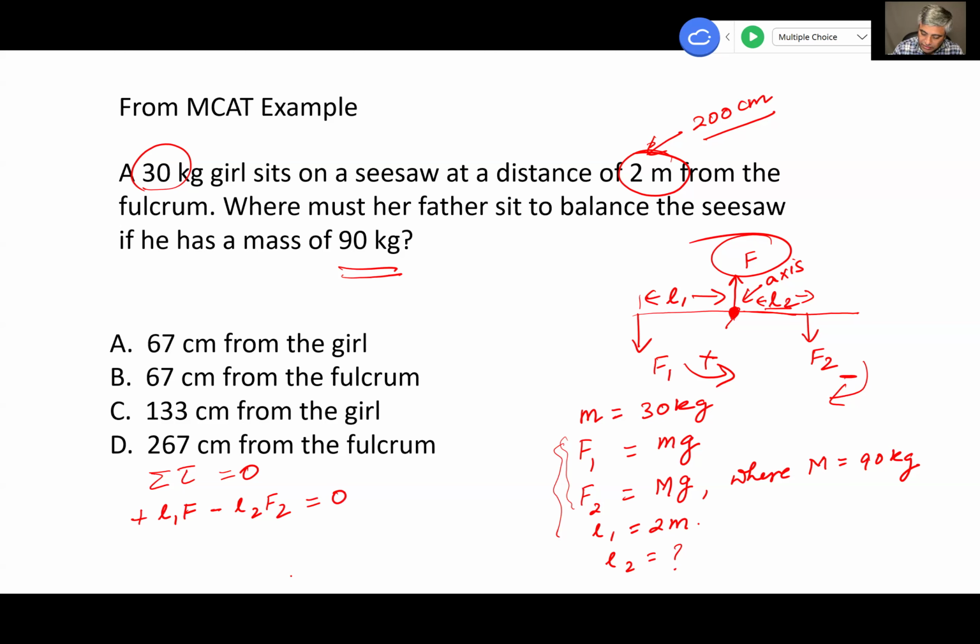So this must be 0. So that means L2 must be equal to, if we bring this to the other side, it becomes positive. So that means it is L1 F1 over F2. See how this is just the ratio of, this is supposed to be F1, by the way. See how it depends on the ratio of that.